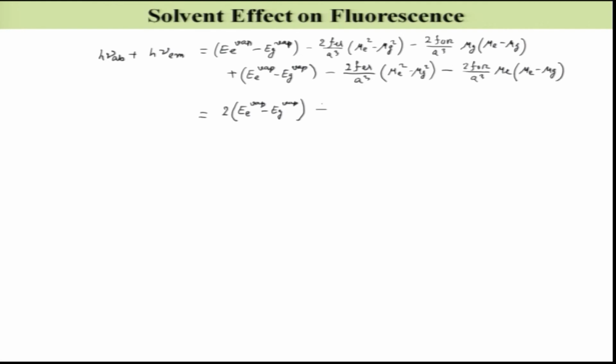So, this is equal to (mu_E square minus mu_G square) by a cube, times 4 F_EL plus 2 F_OR. Okay, if you work it out you will get that, do not worry.